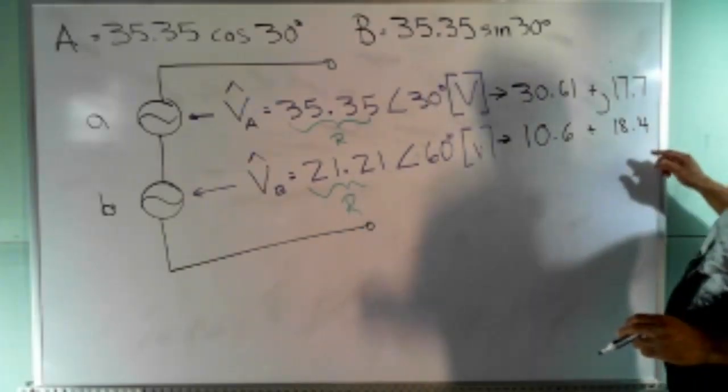I got 10.6 plus J 18.3 or 18.4. All right. And again, put your volts there.